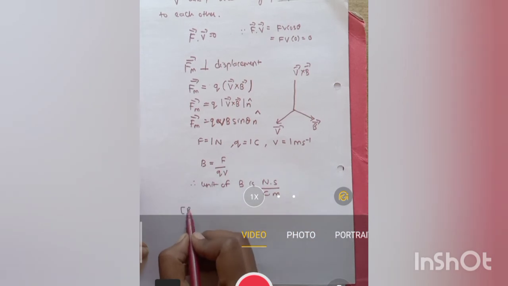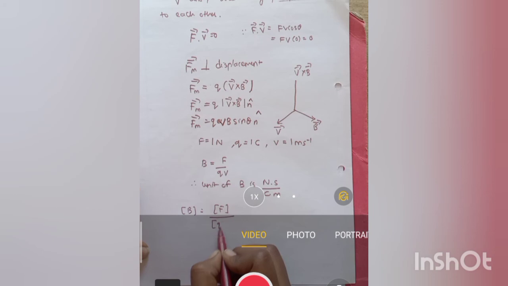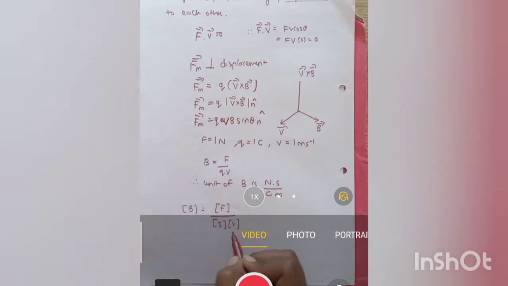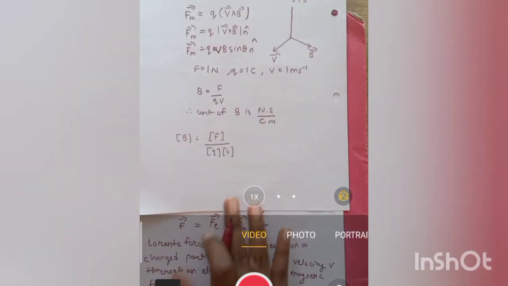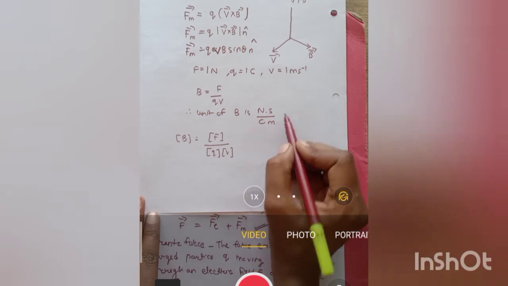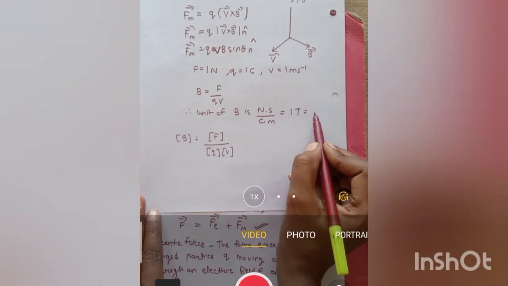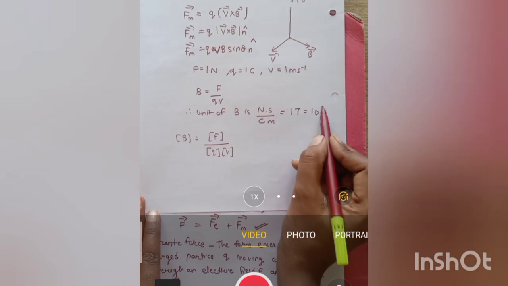The dimension of B can be calculated from the dimension of F divided by the dimensions of q and v. The SI unit of magnetic field is 1 Tesla, and 1 Tesla is equal to 10 to the power 4 Gauss.